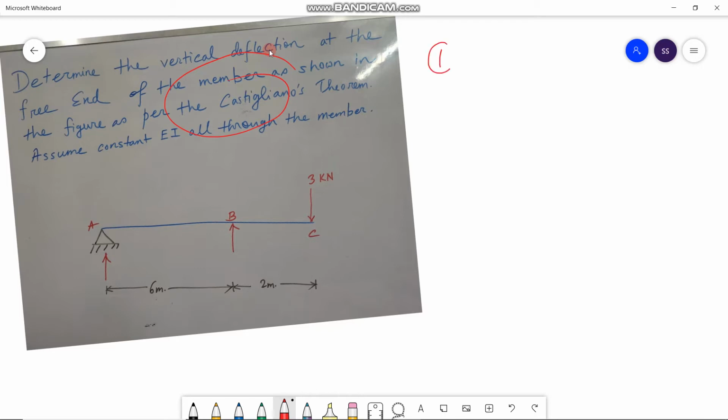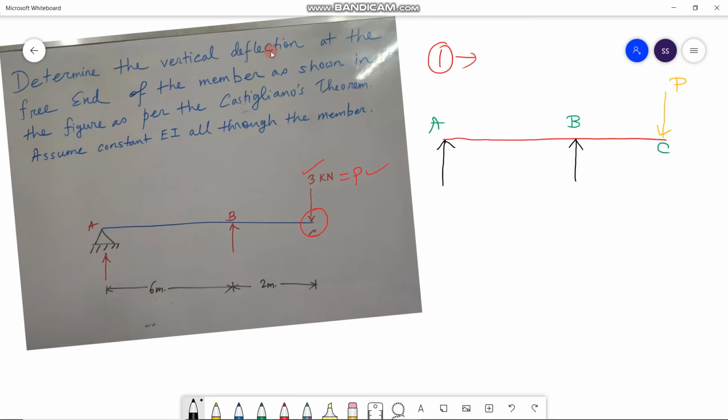Step number 1 is to take the 3 kilonewton force acting at point C as P. So here we are taking the 3 kilonewton force as P. Now we have to calculate the reaction forces RA and RB at points A and B with respect to the concentrated force P working at point C.